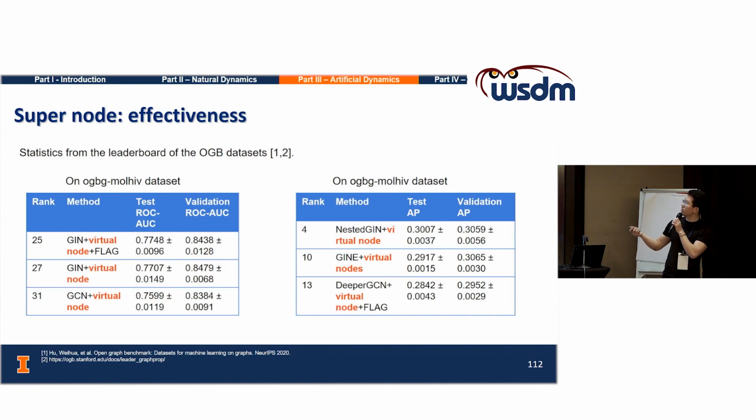For example, on the OGB molhiv dataset, some leading methods included the virtual node in their method, like GIN or FLAG. And on the other dataset, sorry, I forgot to change the dataset name, the 4th-ranked method included the virtual node in their nested GIN method.